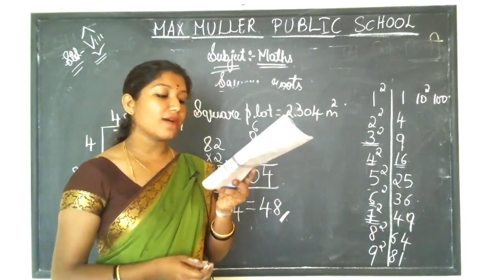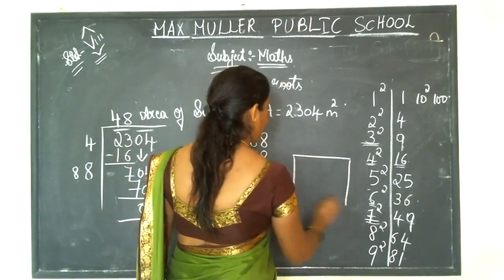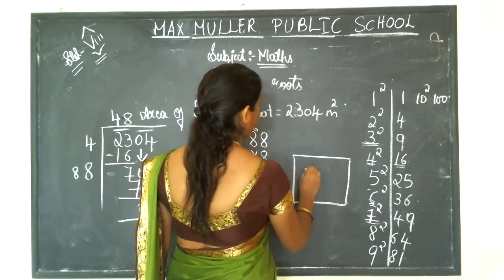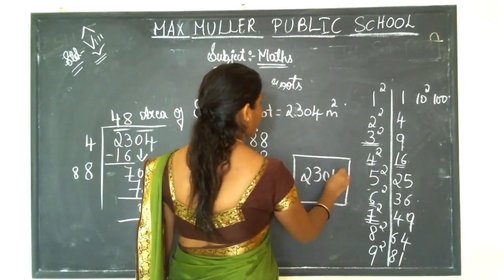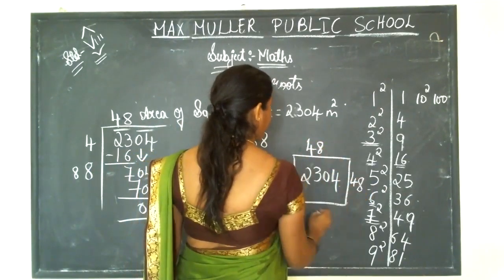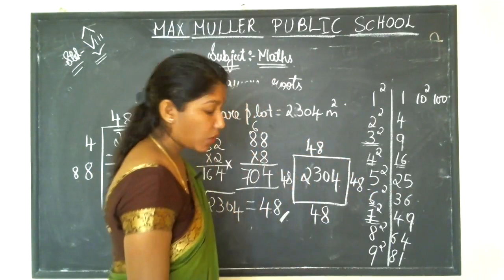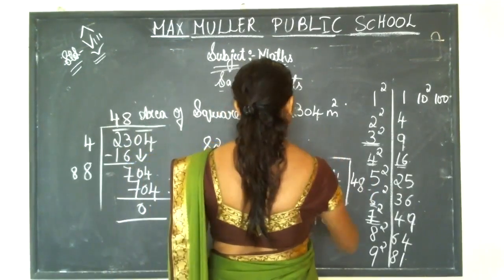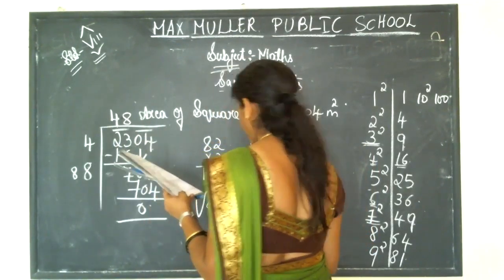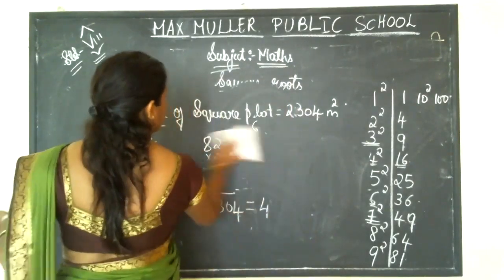So the side of the square plot, each side, if this is the total area 2304, then for each side it is 48, 48, 48, 48. The side is 48. Understood?